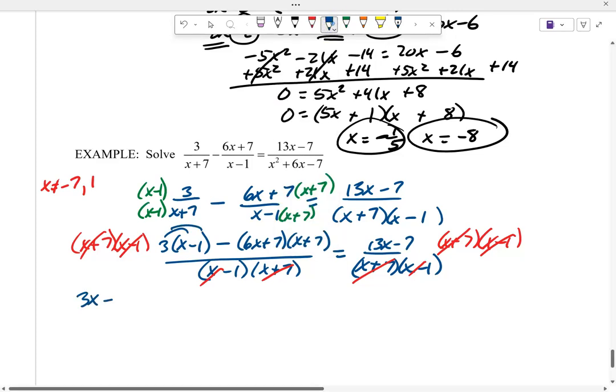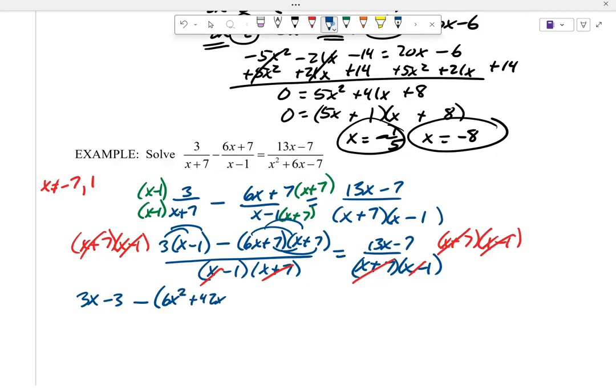So we've got 3x minus 3 minus, now this will FOIL out, so I'm going to put this in parentheses, 6x squared plus 42x plus 7x plus 49 equals 13x minus 7.